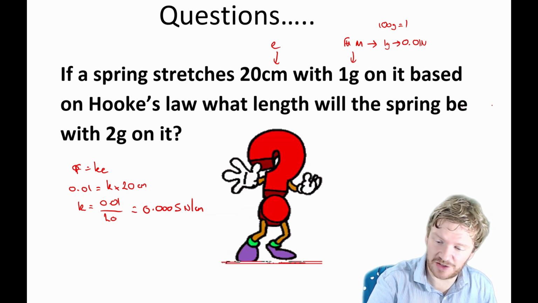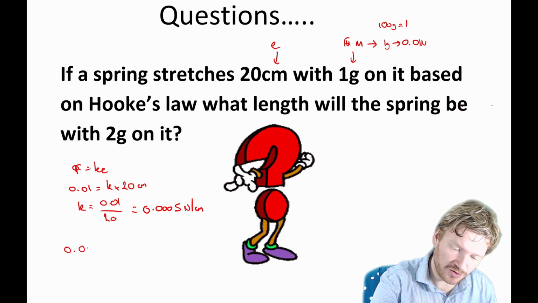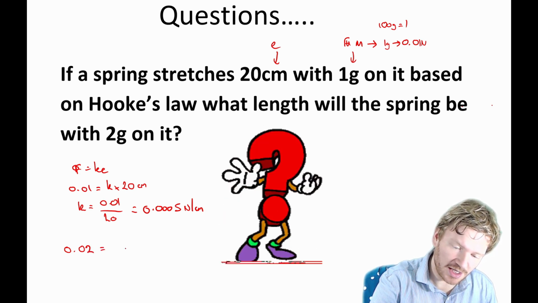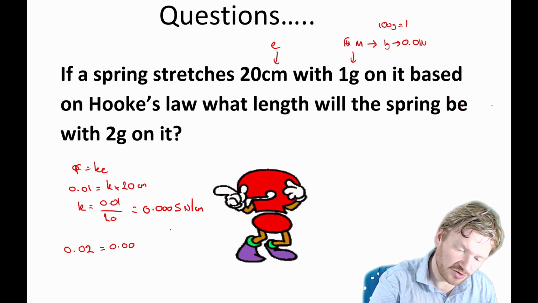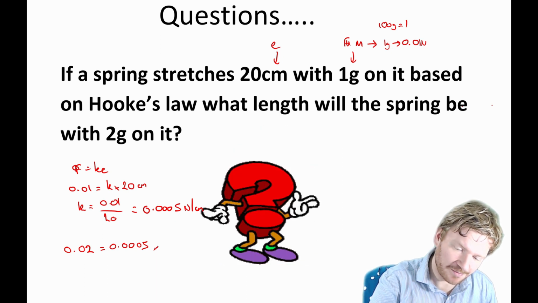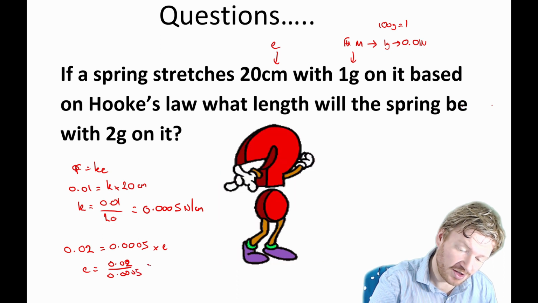Then I'm going to plug it back into the equation. So now my force will be 0.02 newtons, and that is going to be equal to my spring constant, which is 0.0005, multiplied by extension. So extension will be 0.02 divided by 0.0005.